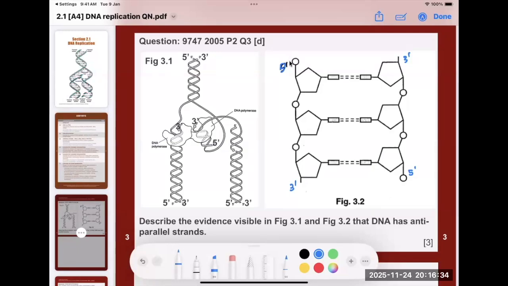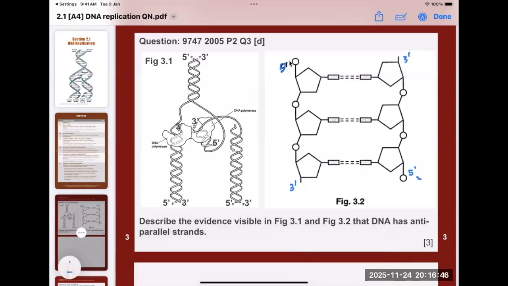Now, how do you know that this side is 5 prime? What is the evidence in the picture to show you that? They labeled it? No, figure 3.2, they didn't label for you. You go and label it. But why do you label this as 5 prime? Why do you label this as 3 prime? What do you see? The carbon that is linked to the phosphate.